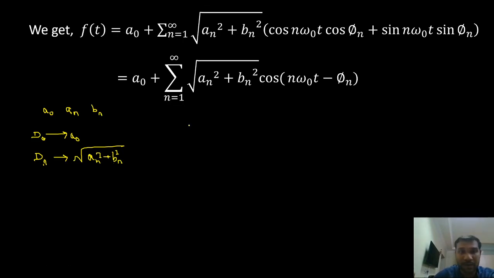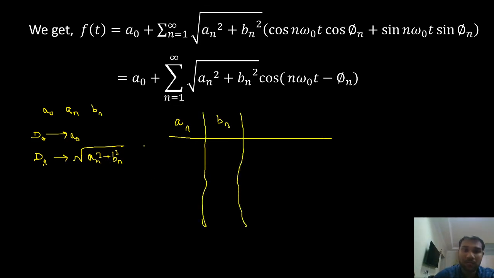So how do I find that? Let me take my an and my bn as a table, an, then bn, for n equals 1, 2, and so on.